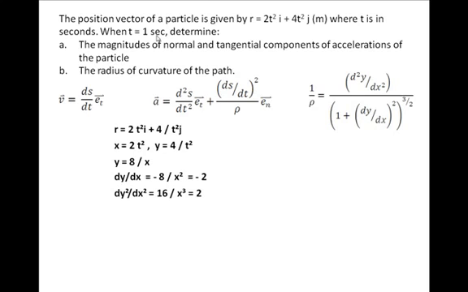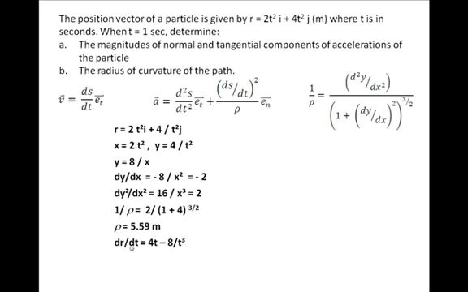You must realize that if t equal to 1, x is 2. So whenever x comes, you have to put the value of 2, and then you can get your rho as a clear number, 5.59 meters. That is the value of rho at t equal to 1 or x equal to 2.